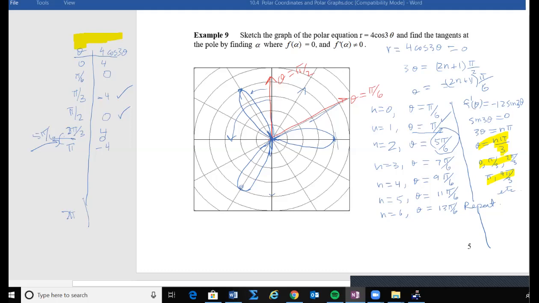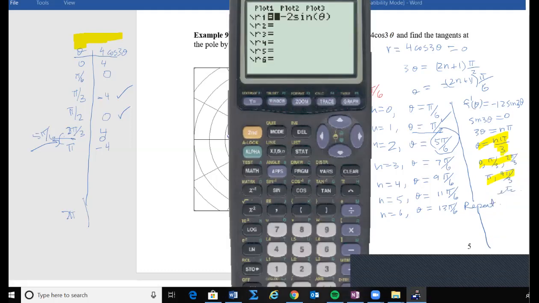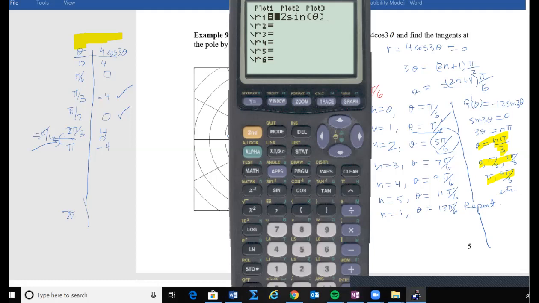So here is something you can do with the calculator. I'm going to show you the details on this. I'm in the polar mode, and I'm going to get rid of that. I want 4 cosine of 3 theta.